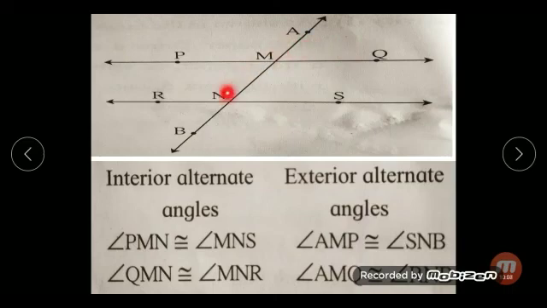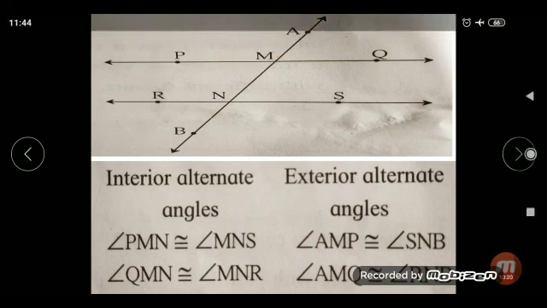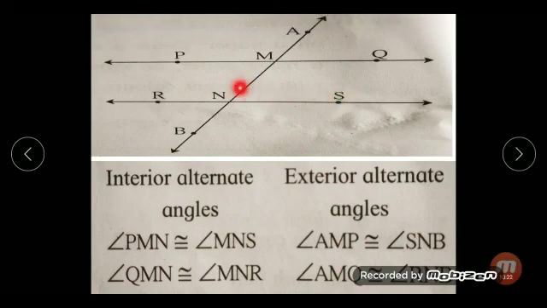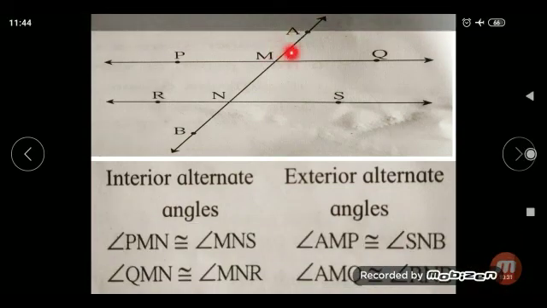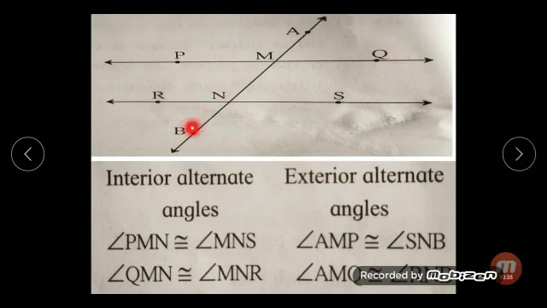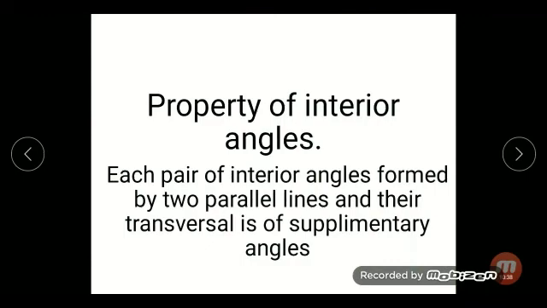Angle QMN and angle MNR are interior alternate angles and they are congruent. Similarly, angle AMP and angle SNB are exterior alternate angles and they are congruent to each other. Similarly, angle AMQ is congruent to angle RNB.